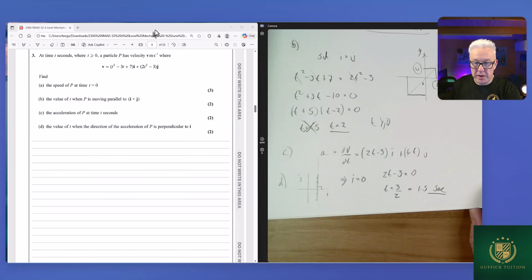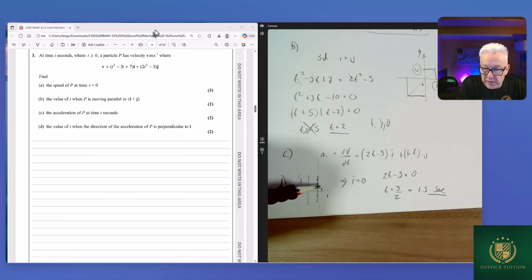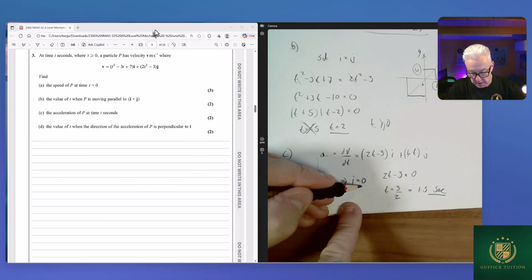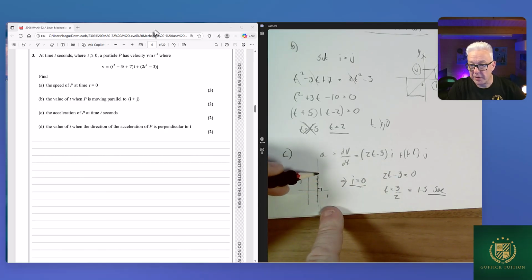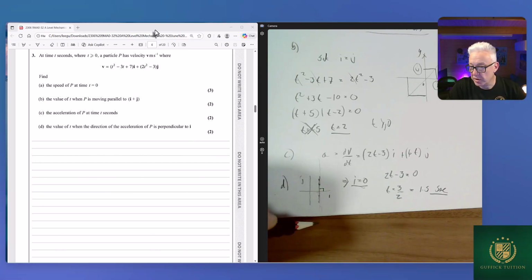So what you have to do in that situation is it means that the motion is totally up or totally down. So it has a 0 i component. Now don't be confused about the fact that you can see it, you might say, well, it looks like it's got an i component because it's there, but it's about the direction that it's going.